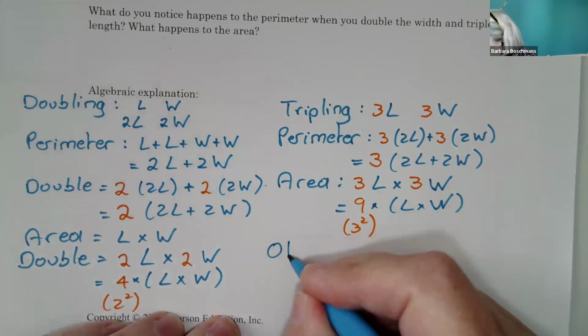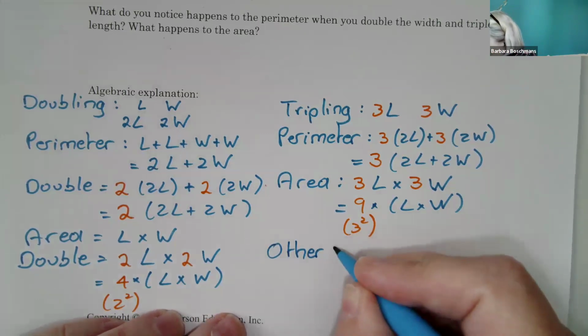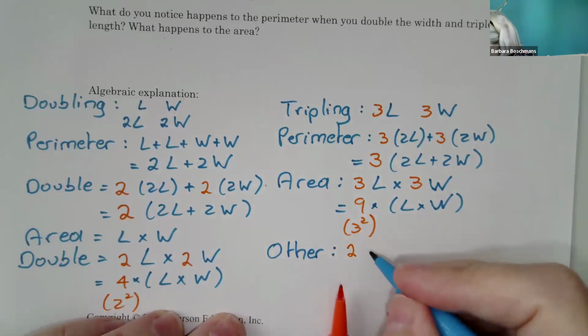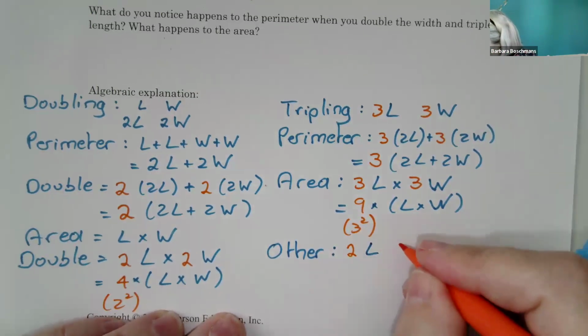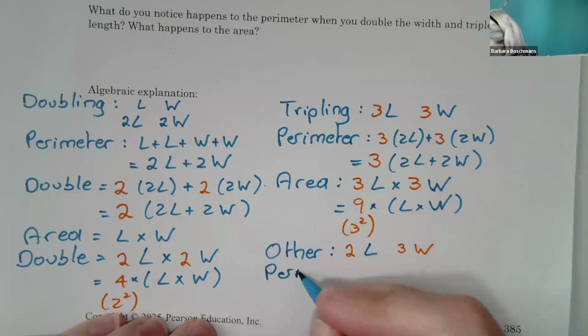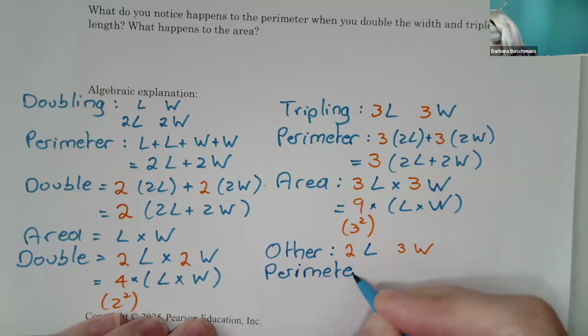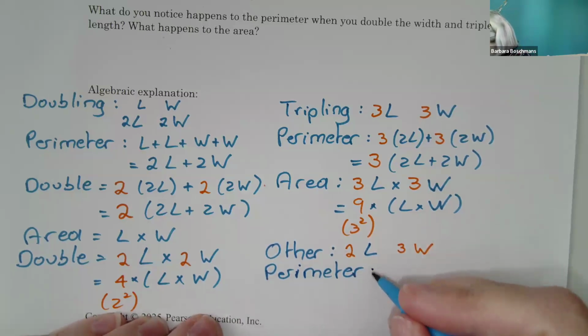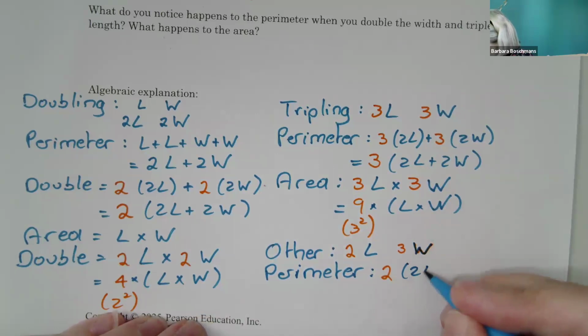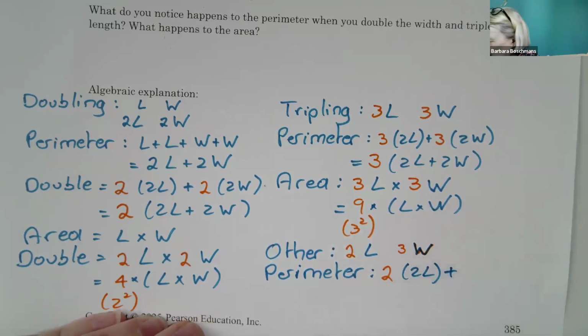So here's the other. And the first one we had was 2 times the width, and we'll get a perimeter 2 times 2L plus 3 times 2W.